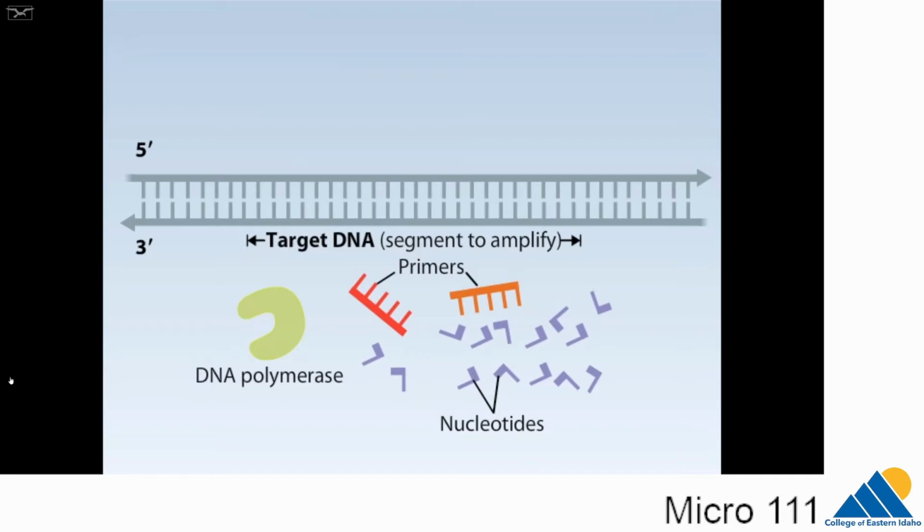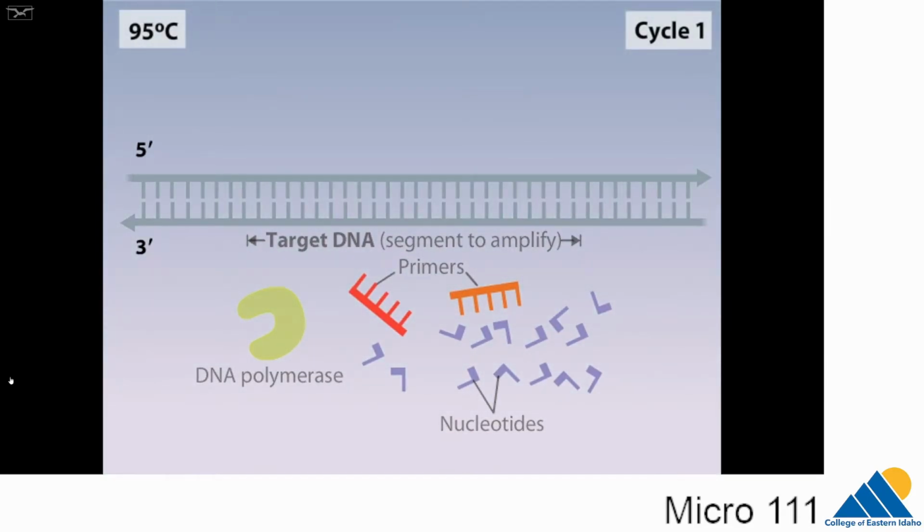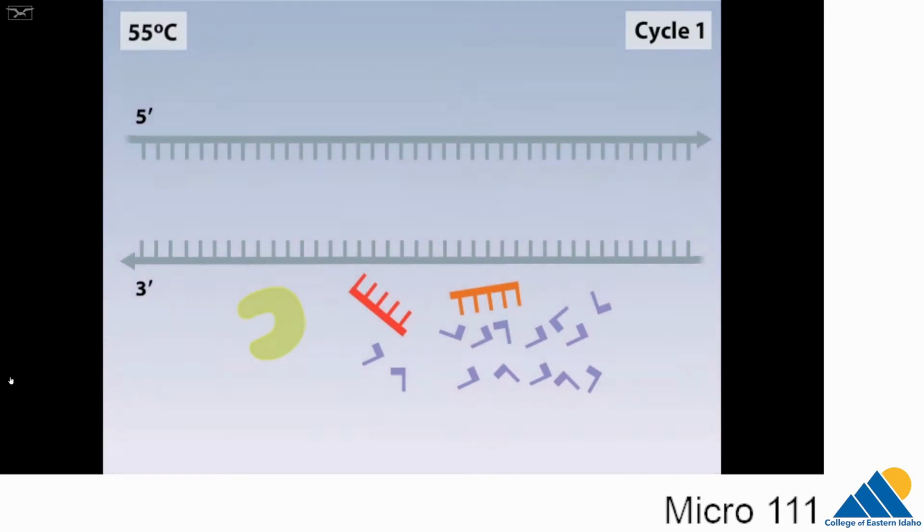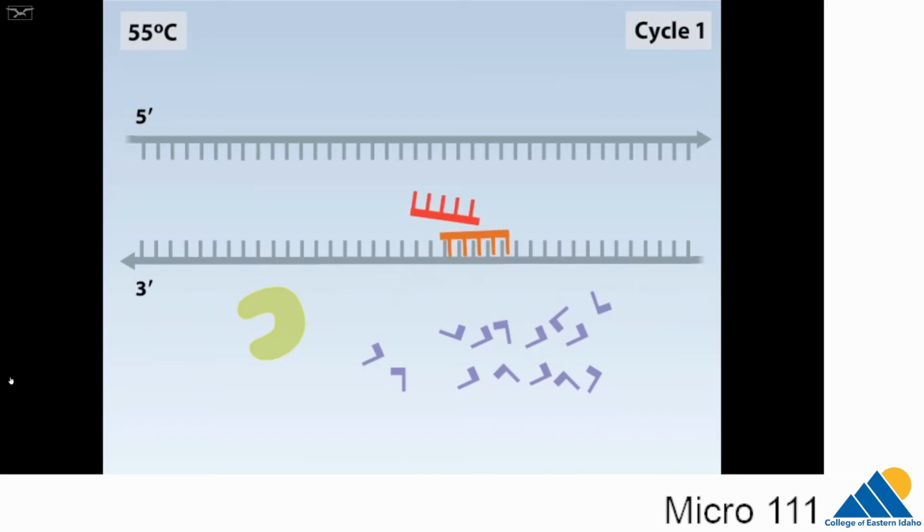In PCR, the reaction mixture is heated to 95 degrees Celsius for 30 seconds to denature or separate the DNA strands. The temperature is then lowered to 55 degrees Celsius for 30 seconds, which allows the oligonucleotide primers to anneal to known DNA sequences flanking the target DNA.